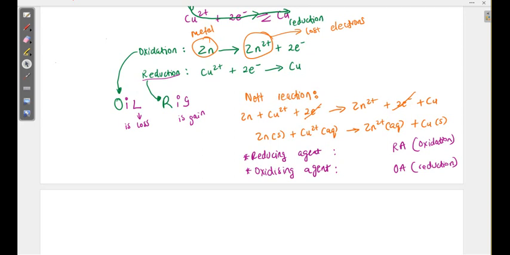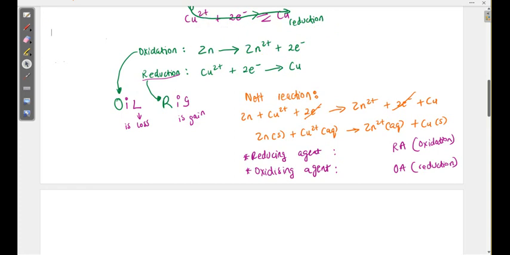Now let's look at the reaction here. Which one undergoes oxidation? Looking at these two reactions that we had here. Check them. The one that undergoes oxidation, could you say it's the zinc?